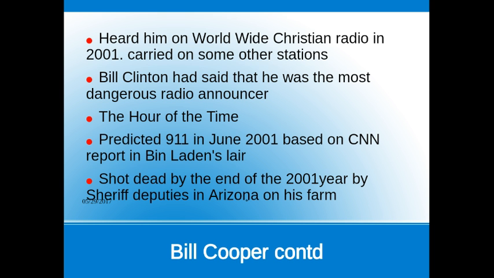His program was called Hour of the Time, and he predicted 9/11 in 2001. There's a clip on YouTube about how he comes to the conclusion. And he was shot dead at the end of 2001, I think in November, when the sheriff's deputies went onto his ranch in Arizona and shot him dead.